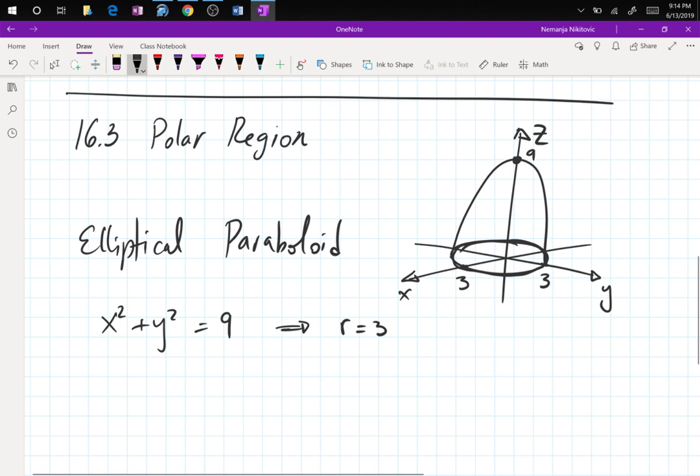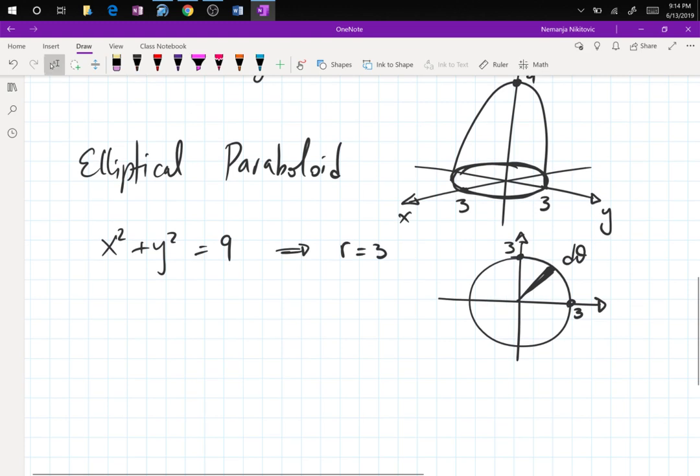If you are in a polar domain with a circle, radius 3, you will draw what I call a representative pizza slice d theta. And you can calculate the area of the circle and so on using Calculus 2 polar integration.